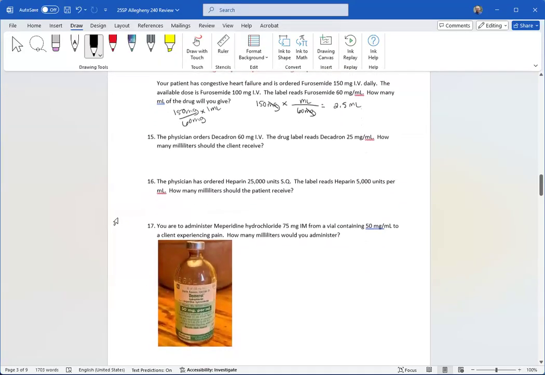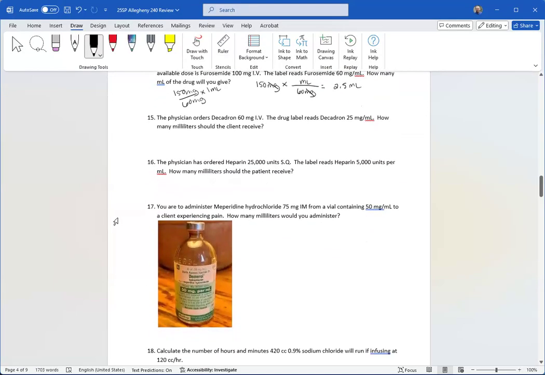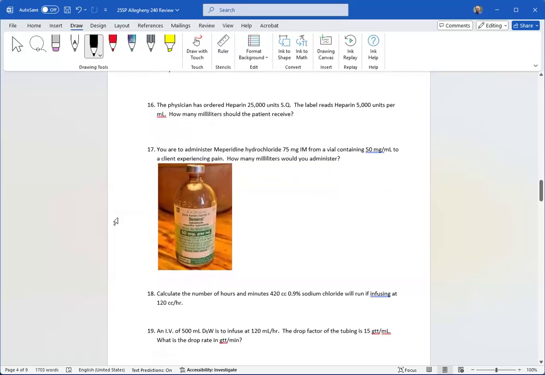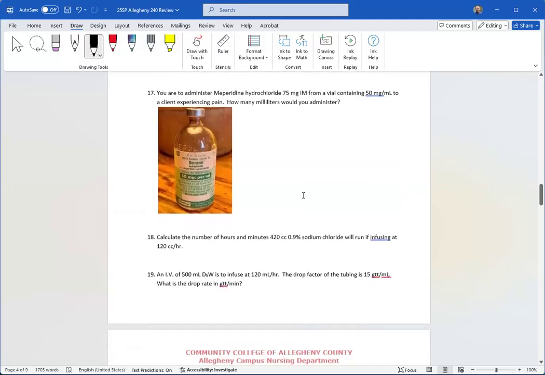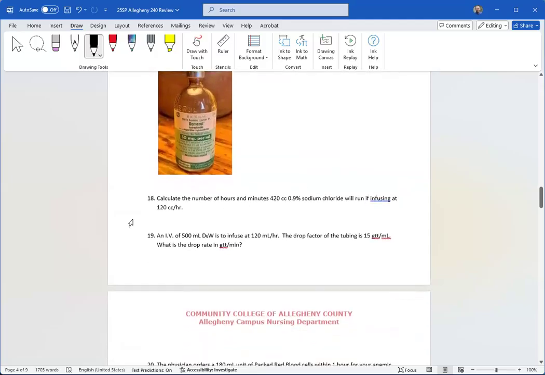Let's see here. Most of these I think you're pretty good with because you've done these enough times where you've done your IMs and you've calculated your milliliters. Let's do a couple of these infusions. This says calculate the number of hours for a 420 milliliter solution, or CC solution, if it's infusing at 120 cc's per hour.